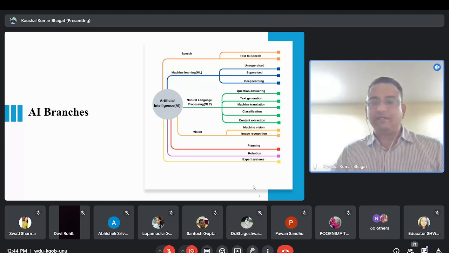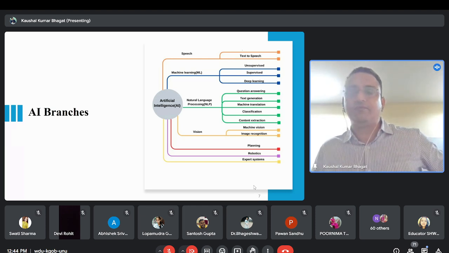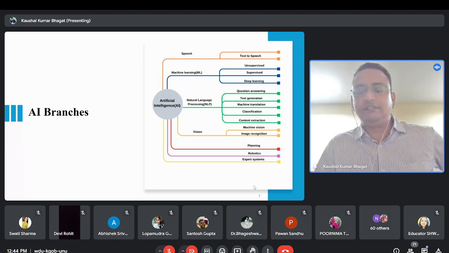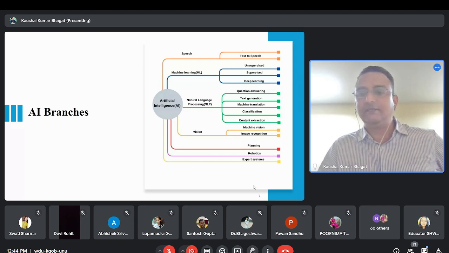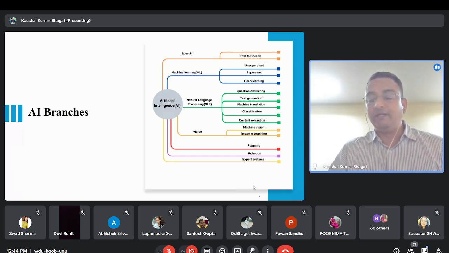And then we have different types of vision, where you have image recognition. So when you are using a QR code, when you are scanning any GPay or PhonePe, that is basically based on image recognition, right? There are a lot of applications of image recognition, in medical education specifically now.